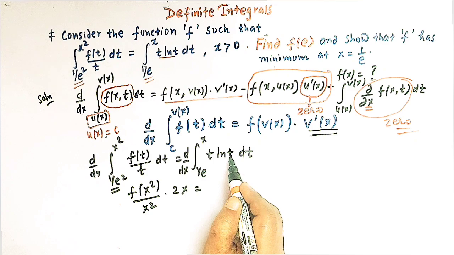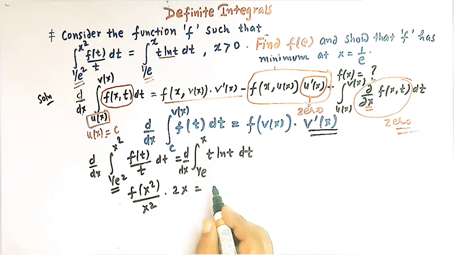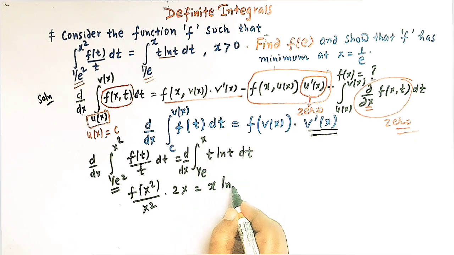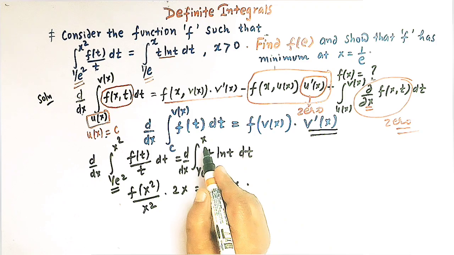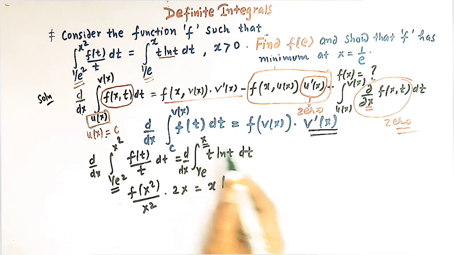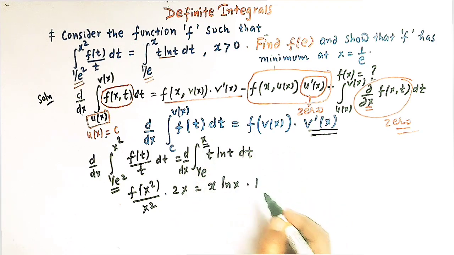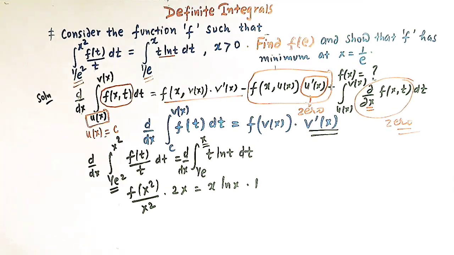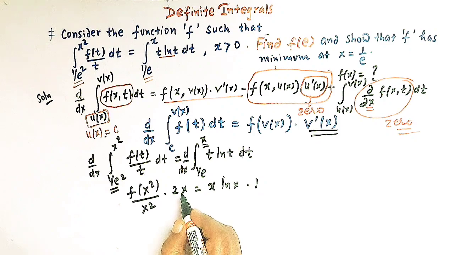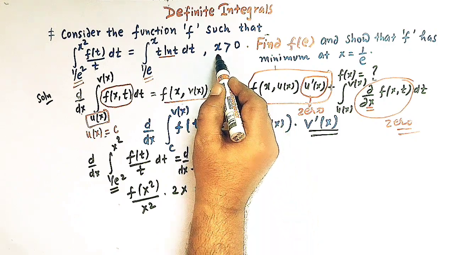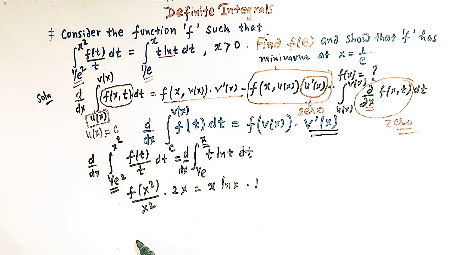And similar is the case with this integral. Here I will replace these two t's by x, so we have x natural log of x, and then I will take the derivative of x with respect to x, that is equal to 1. So now simplifying it, here we have already assumed that x is greater than 0.